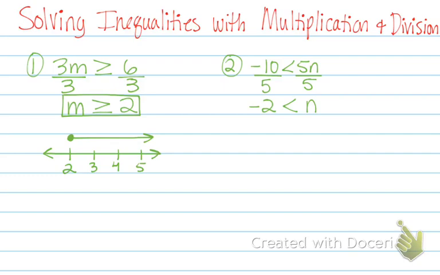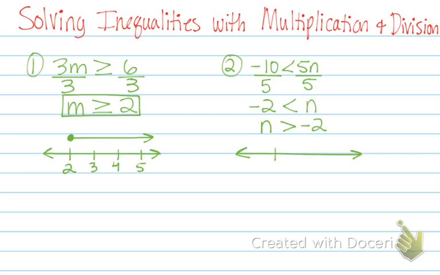When we have it like we do in number 2, where it's negative 2 less than n, that makes it a little bit trickier to decide which direction my arrow should go on my graph. What this is actually saying is that n is bigger than negative 2, or negative 2 is smaller than any value that we would get for n.